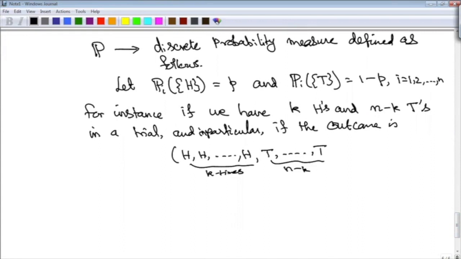Okay, so that's an element we have picked up, say, in our sample set.